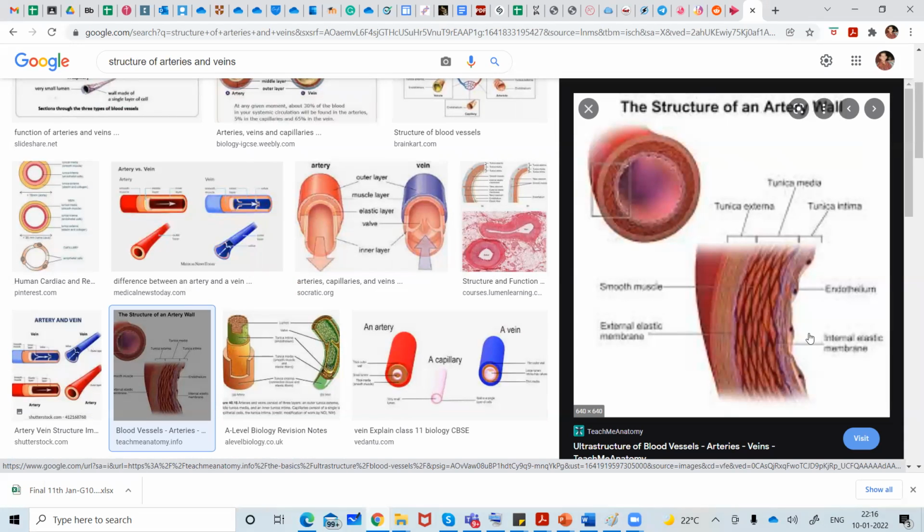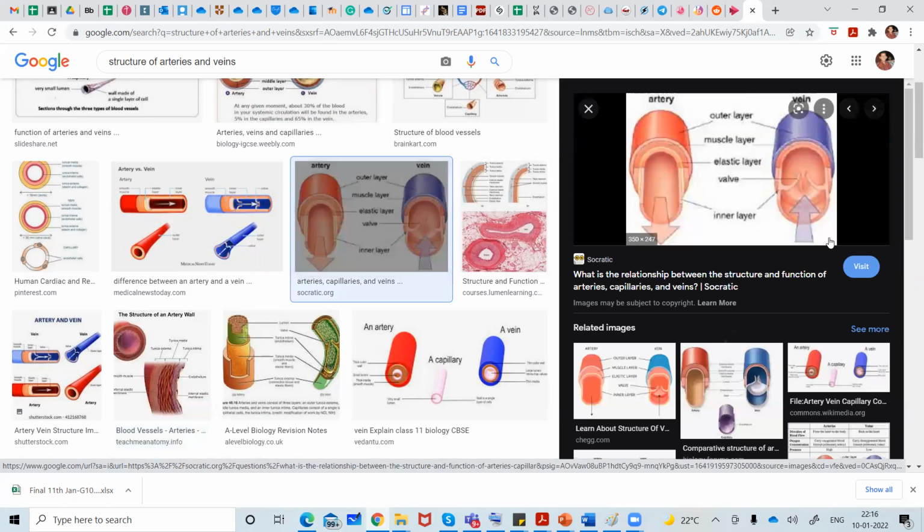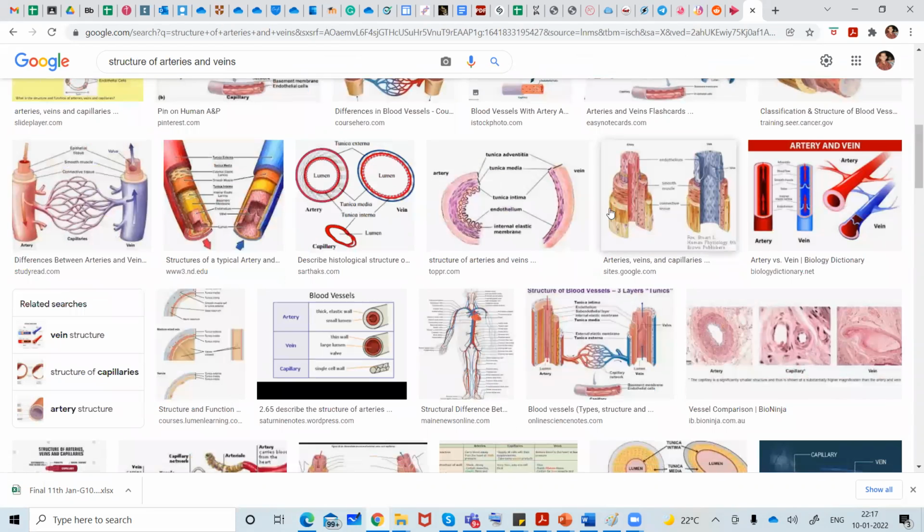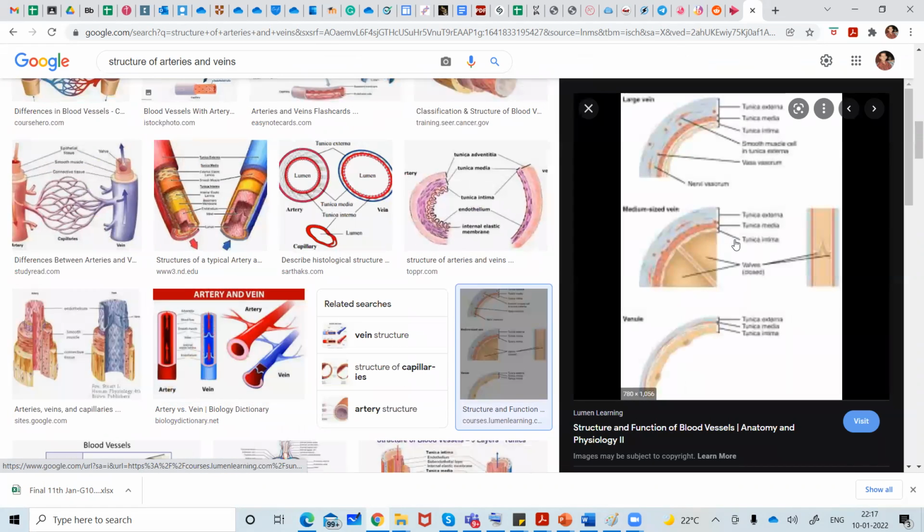Let me show you a good diagram where you can differentiate all the parts.